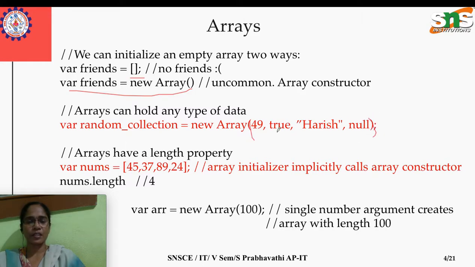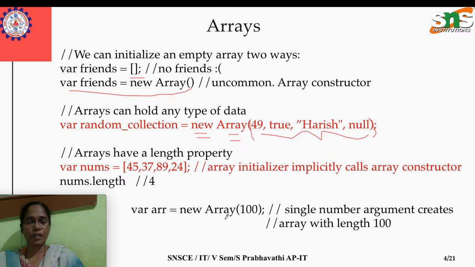Okay, see here, in this array constructor, var array name is equal to new operator you have to use and call the constructor by passing these 4 different types of values. Okay, one is an integer, the other is a boolean, string and null. Okay, and here one more example, the length property which we have seen already, and one more, we can specify the length.